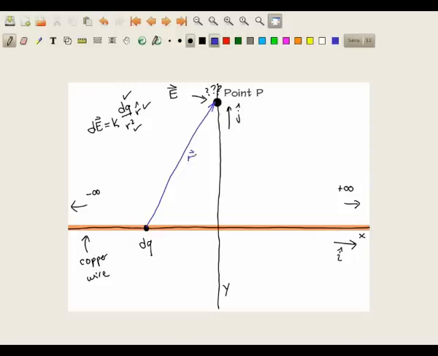Okay, great. Now, let's think about this a second. It's got an x component, so here's Rx, and it's got a y component, Ry.